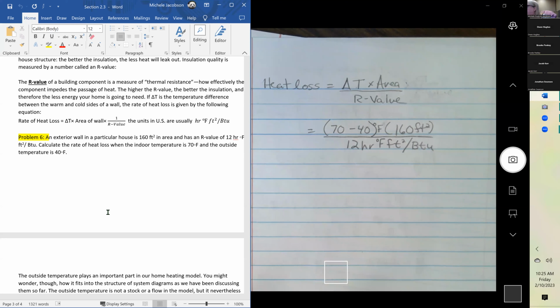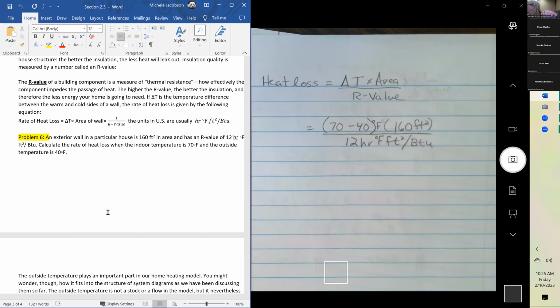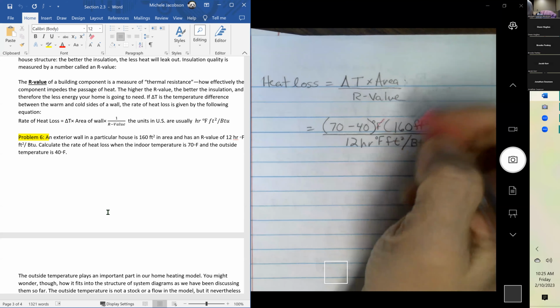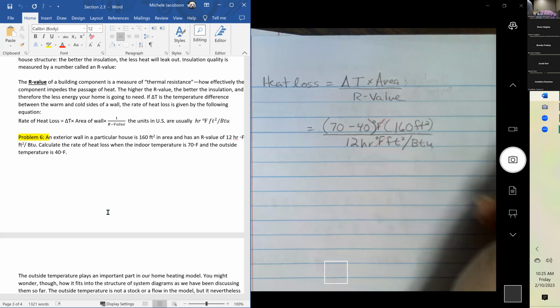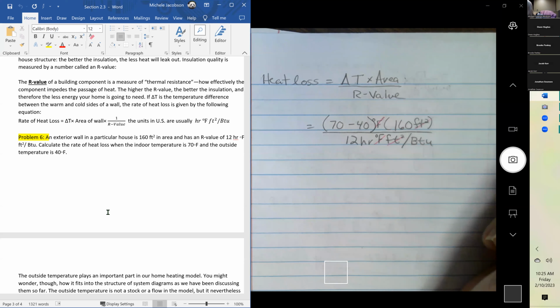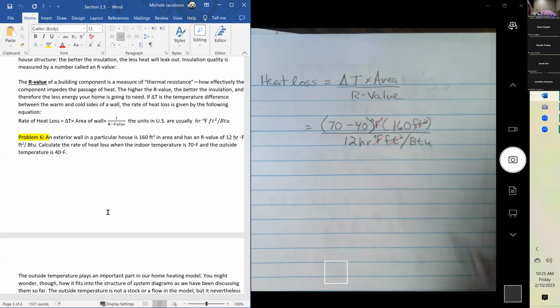The reason they show the units is notice that the degrees Fahrenheit cancel, feet squared cancel, and then we'll have BTUs per hour left.